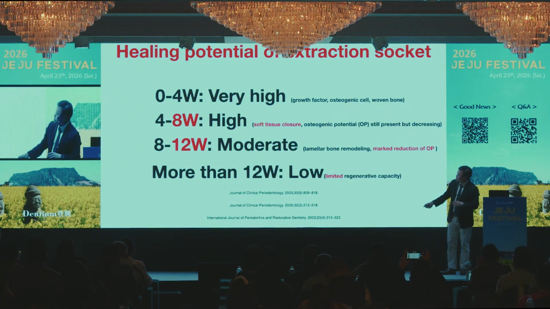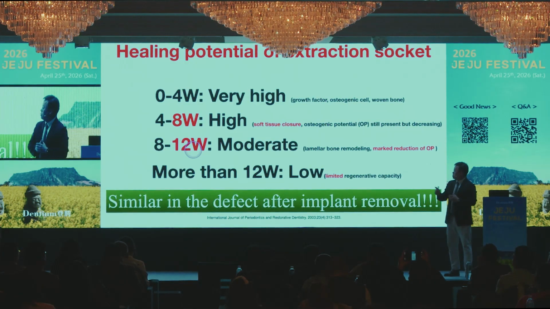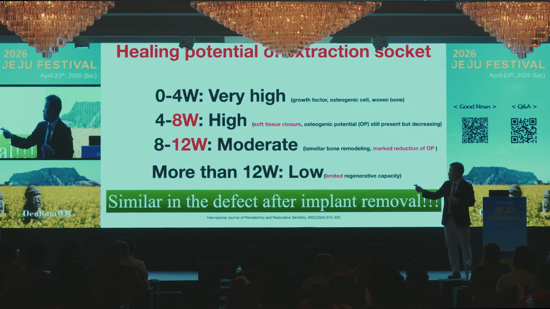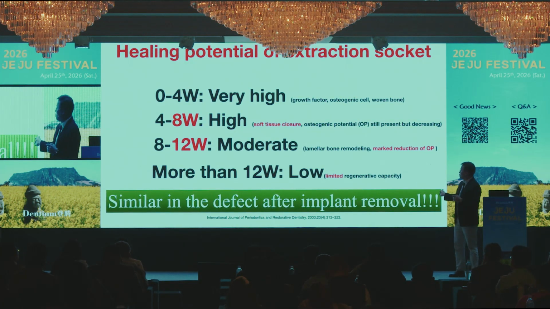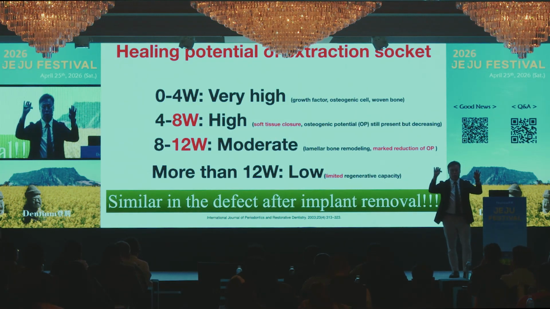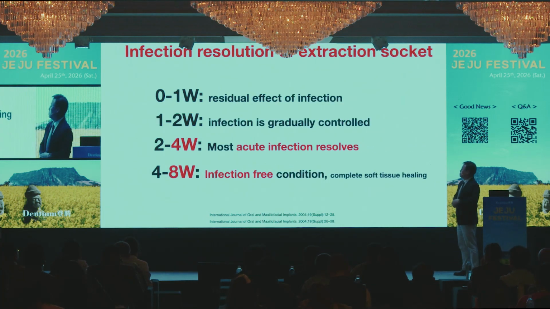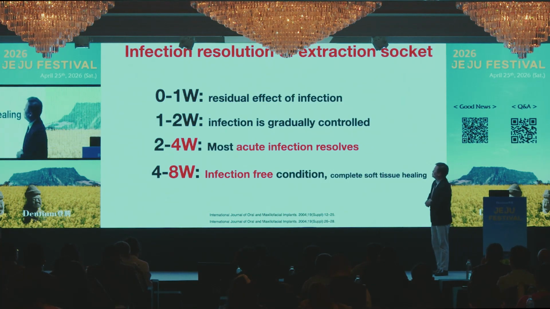So we also have 12 weeks here, okay? It's very similar in the defect after implant removal. This is the thing they have in common: the extraction socket and the defect after implant removal. And another is infection resolution.